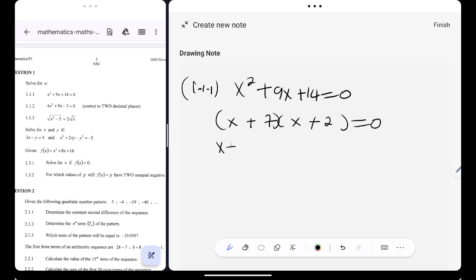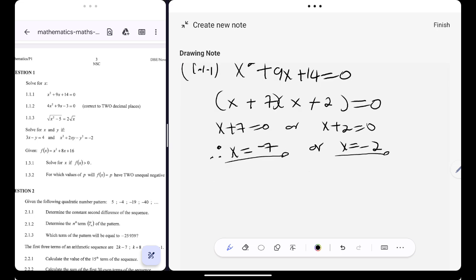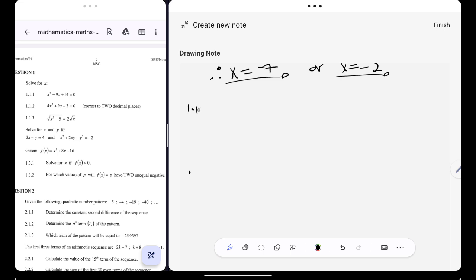It simply means the first thing is 0 or the second thing is 0. Therefore x is negative 7 or x is negative 2. And then go to 1.1.2. I'm also supposed to solve x.